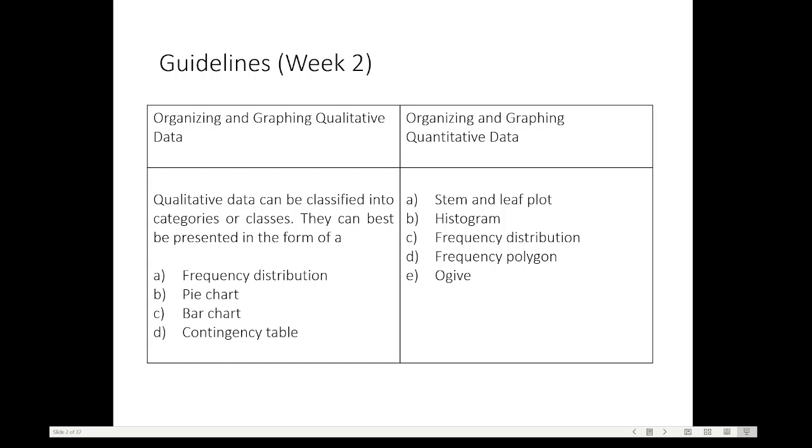The only thing that differs is that the frequency distribution is actually a special case of a contingency table or a cross tabulation. Why do I say it is a special case?